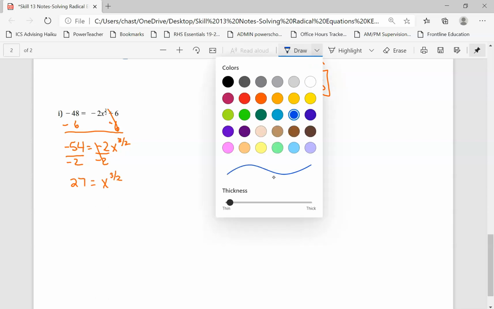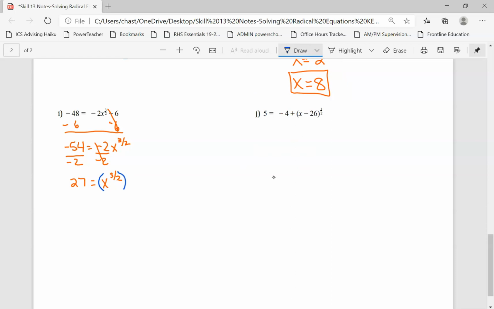So now what we must do to both sides is raise both sides to the 2/3 power, because that's the reciprocal of 3/2. We want those to cancel out. 27 to the 2/3 means cube root of 27 squared, so that'll be 3 squared, so x is 9.